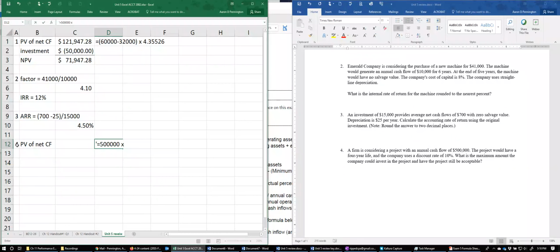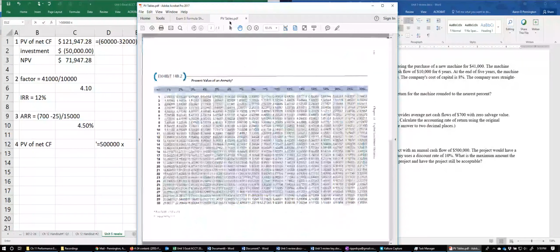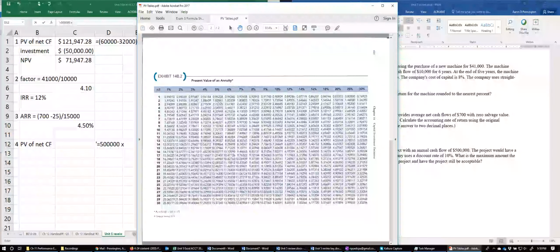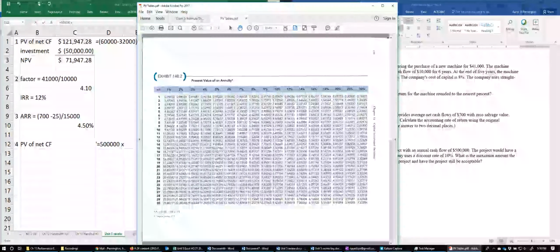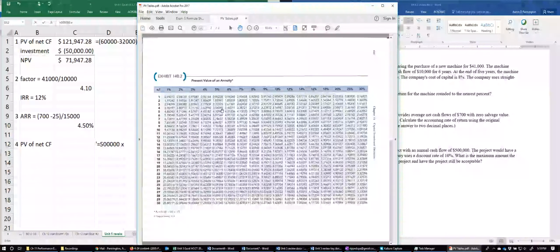$500,000 times, all right, 4-year life. So let's go back to our table. We are still dealing with an annuity because it says annual cash flow for 4 years. The company uses a discount rate of 10%.